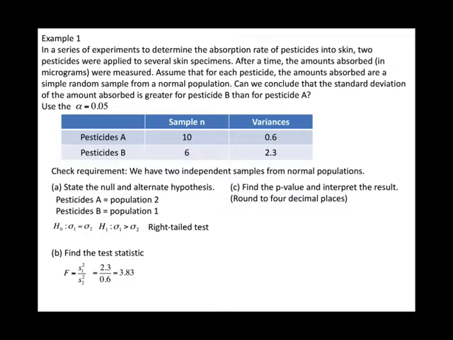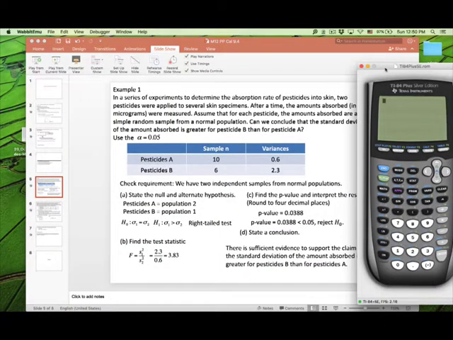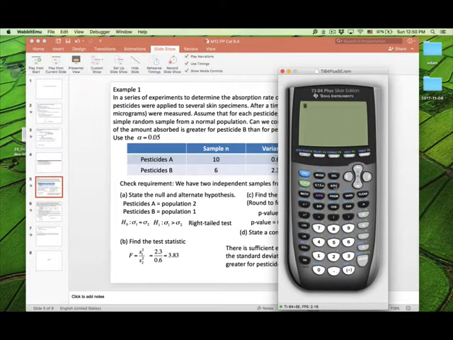Okay, you need to use the calculator for this part here. So let's use the calculator. We're gonna go to stat, go to the test, go down, you will see 2 sample F distribution hypothesis testing.